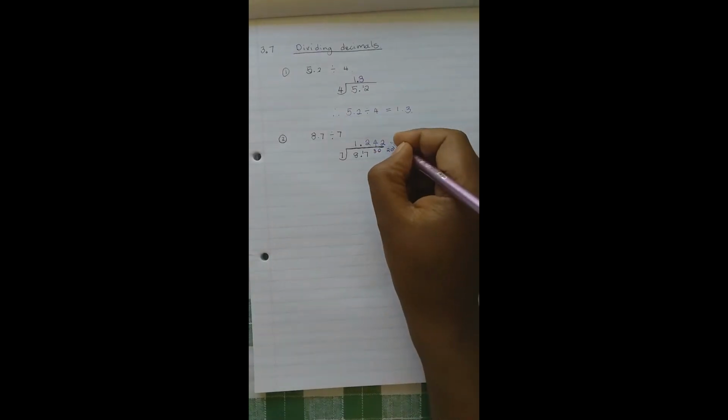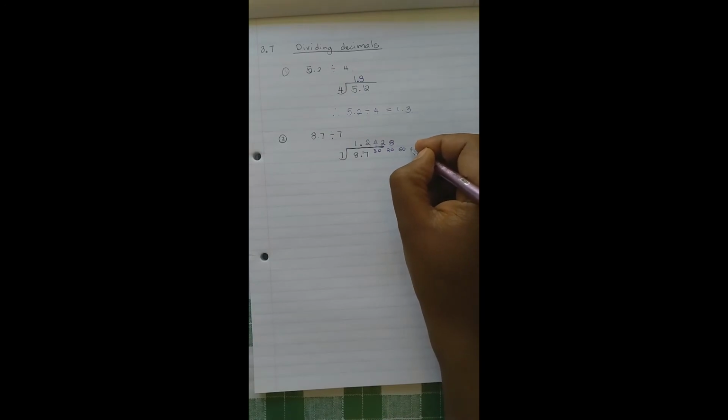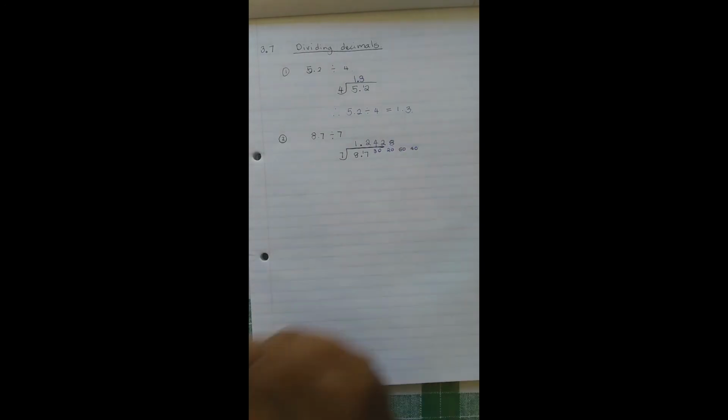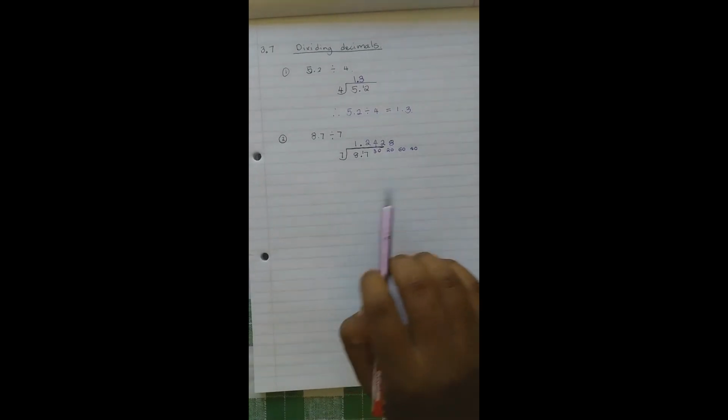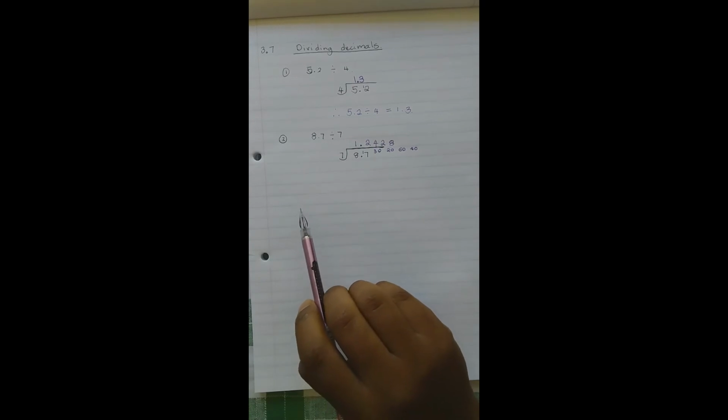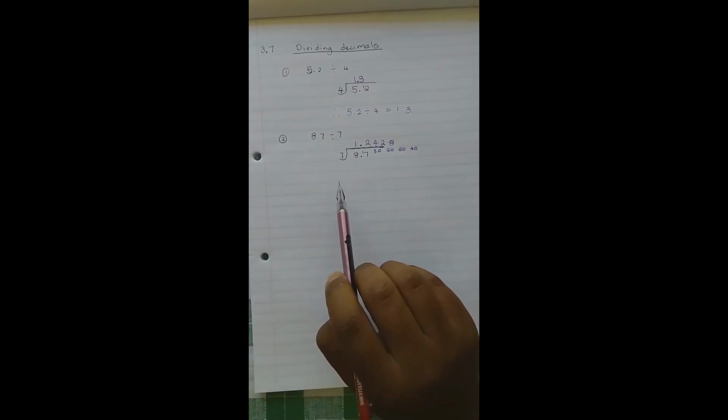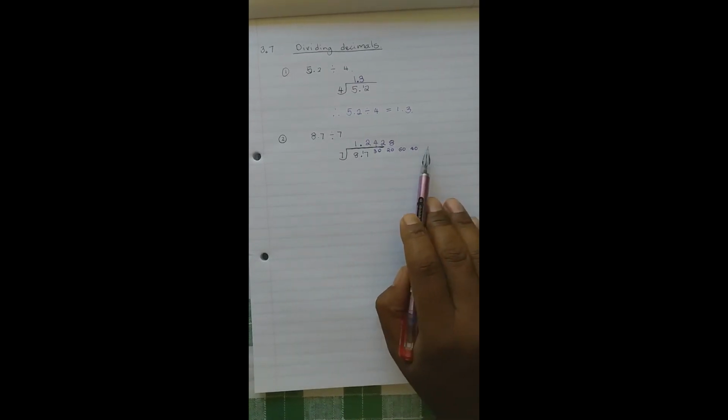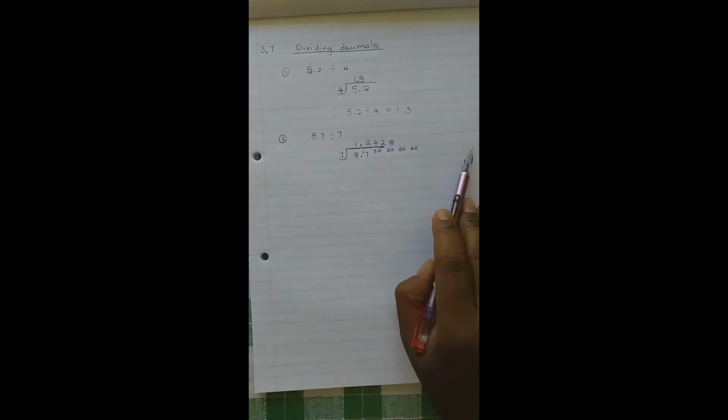That gives us an 8. The remainder is 4, and you put a 0. At this point, you can see the reason why I was doing all of this: it goes on and on and on.